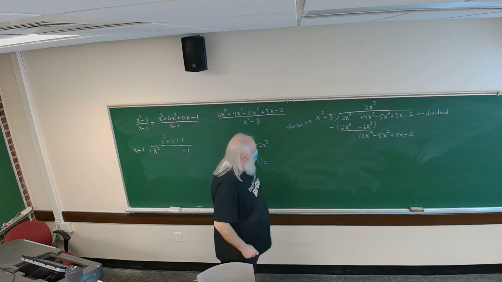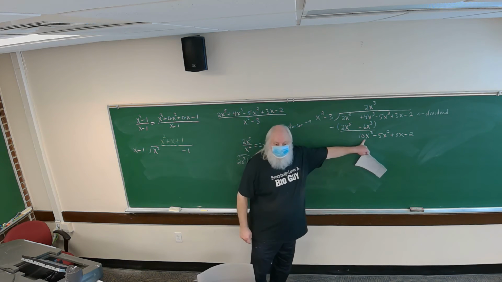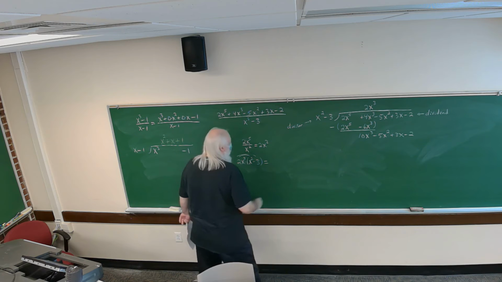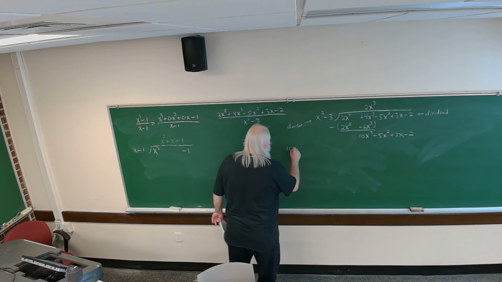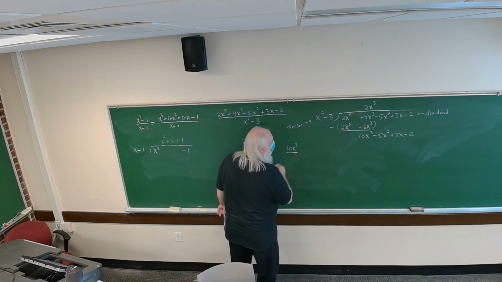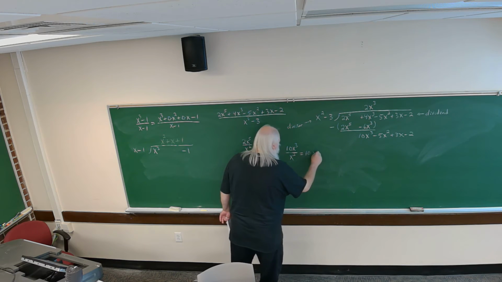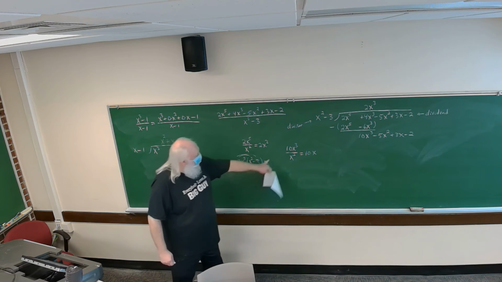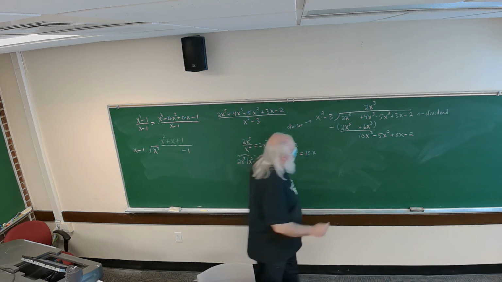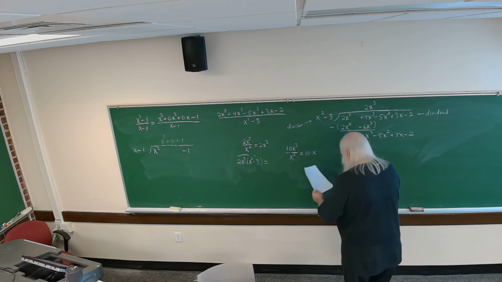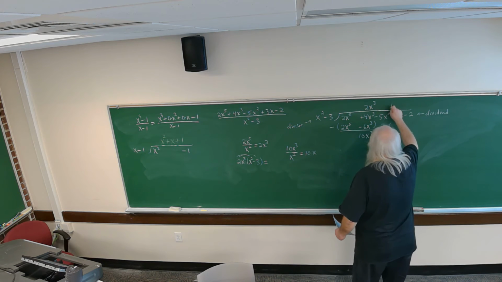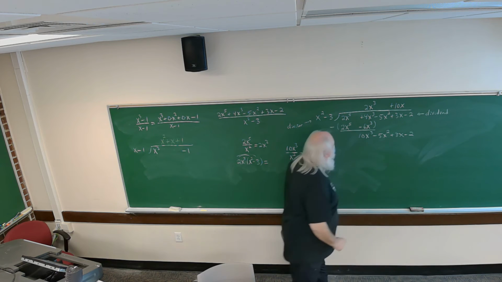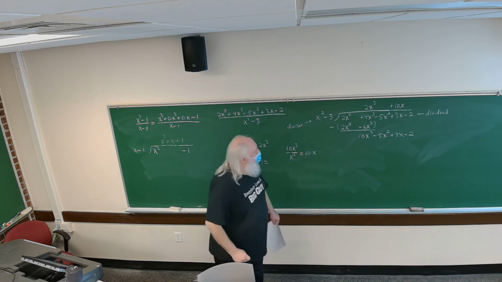And then you have to ask yourself, how many times does x squared go into 10x cubed? 10x cubed divided by x squared is equal to 10x. So x squared goes into 10x cubed 10x times. So we have plus 10x in the quotient.